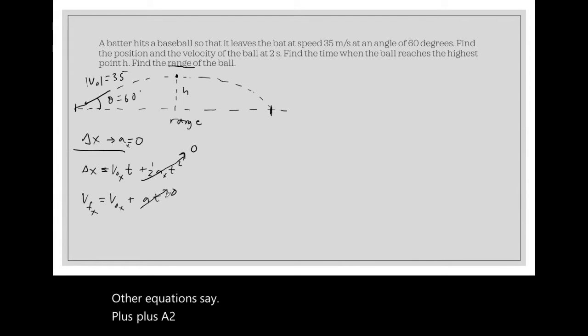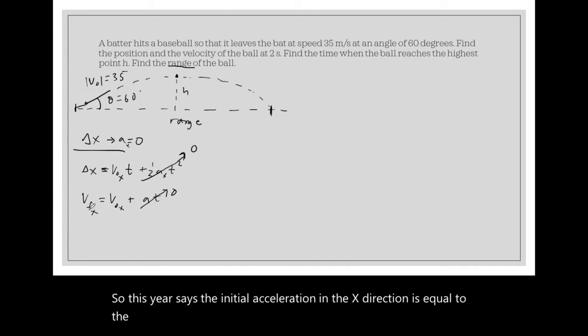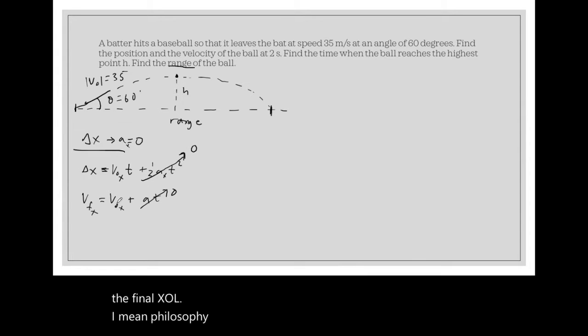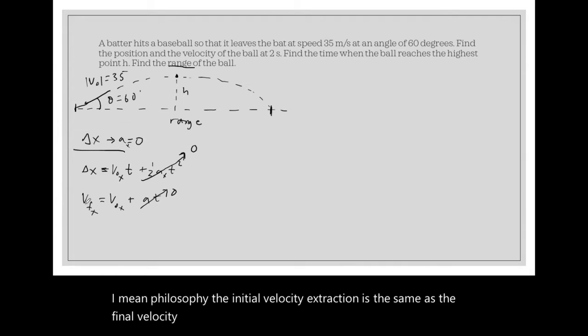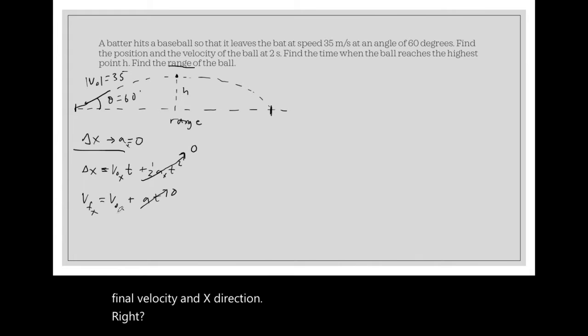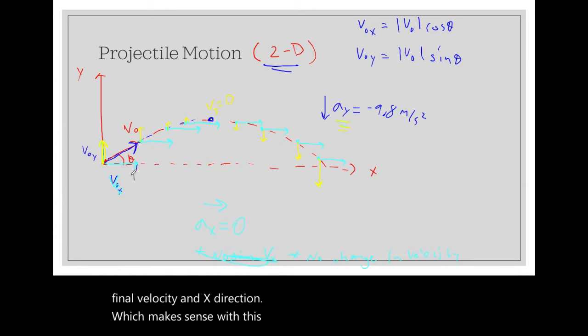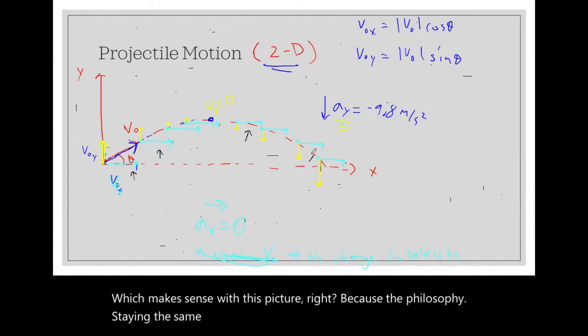Well, acceleration is 0. So this just says the initial velocity in the x direction is the same as the final velocity in the x direction, right? Which makes sense with this picture, because the velocity is staying the same throughout its whole path.